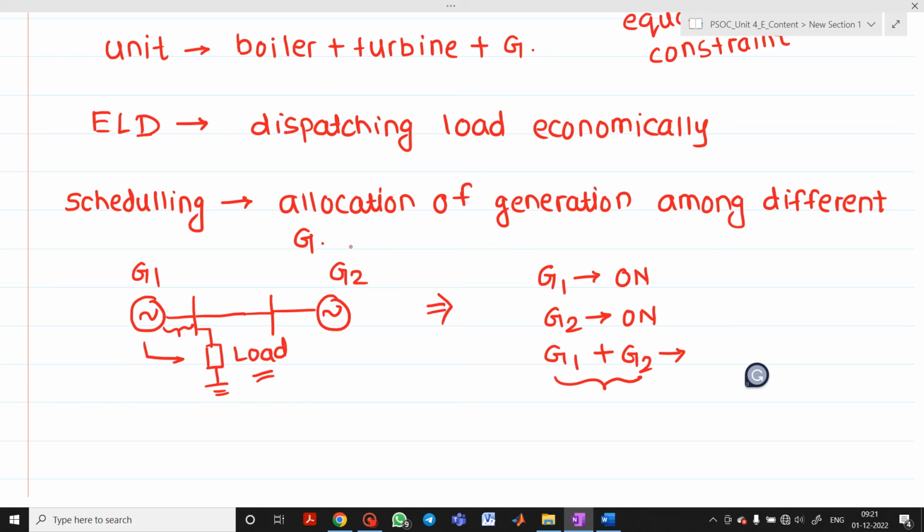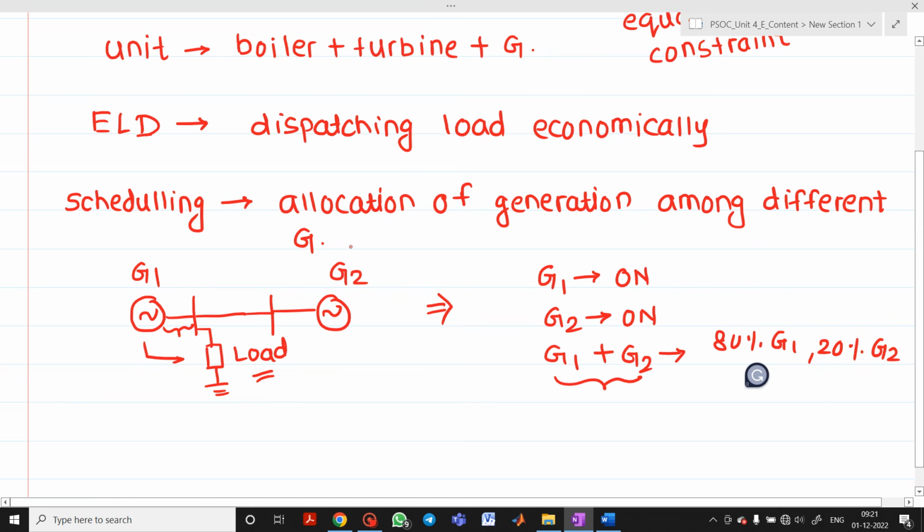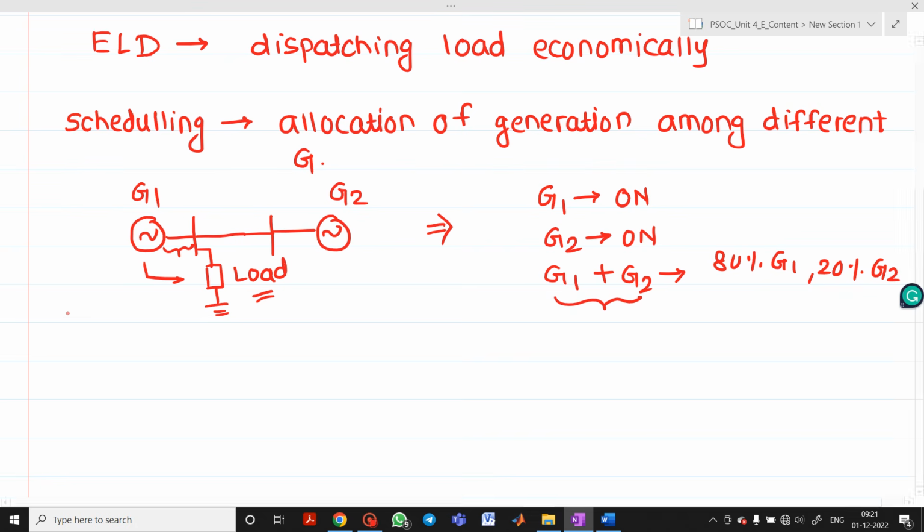Now that depends upon some situations. We have to decide whether 80% should be given by G1 and 20% by G2, or 70-30, or 50-50, which will depend on the cost of generation of each generator. Therefore, please keep in mind the objective of economic load dispatch.